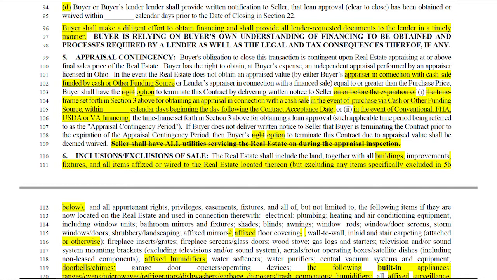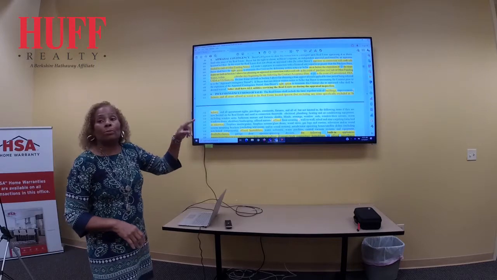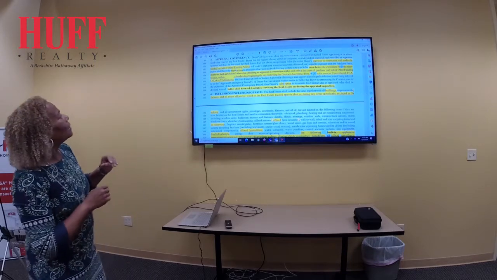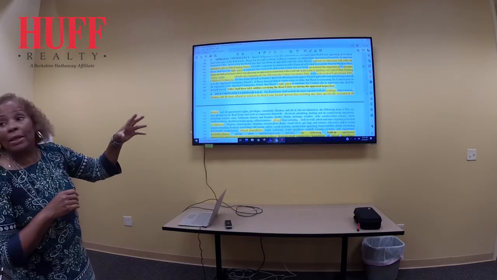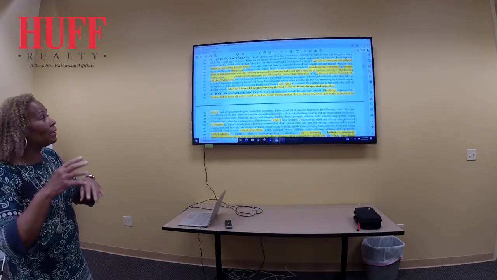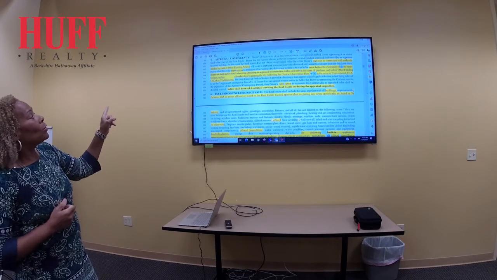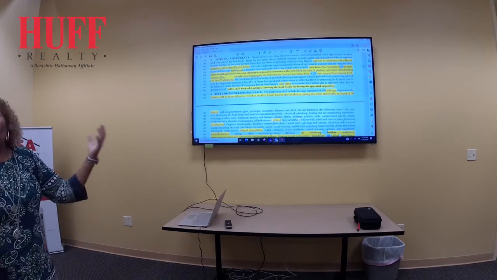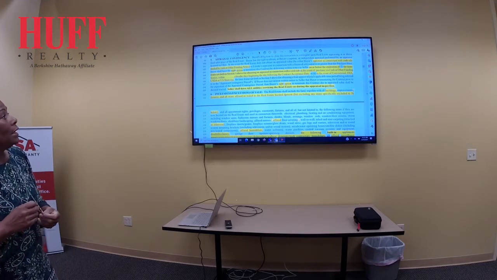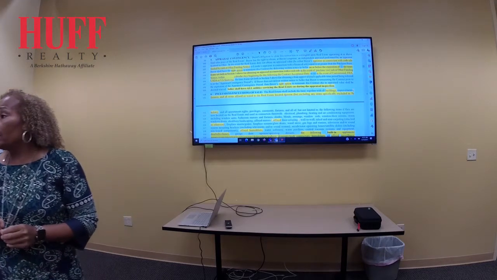Like somebody has to cash in their stocks or bonds, and they find that they don't have enough, that it didn't appraise. Anyway, they're going to have to make sure that if it doesn't appraise, no matter where the money's coming from, they have the right to terminate the contract.